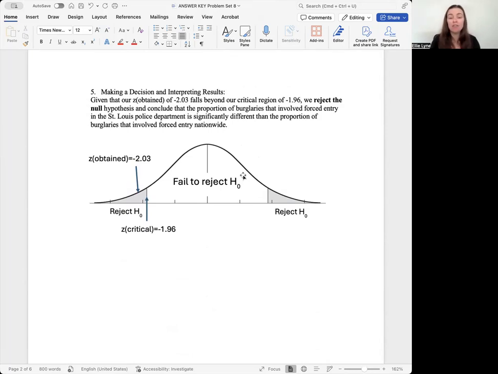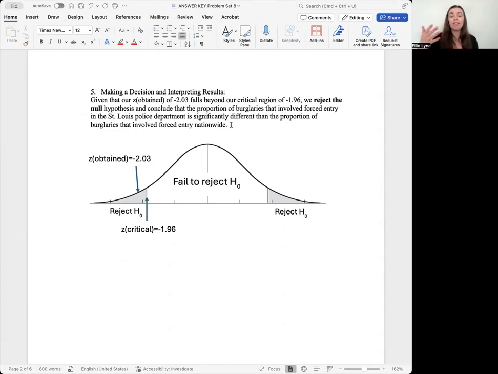If our Z obtained value falls anywhere within this white area, we are going to fail to reject the null hypothesis. If it lands in either of the shaded regions, we are going to reject the null hypothesis. Here we see that our Z obtained value is approximately negative 2.03, and so we did fall into the shaded region.